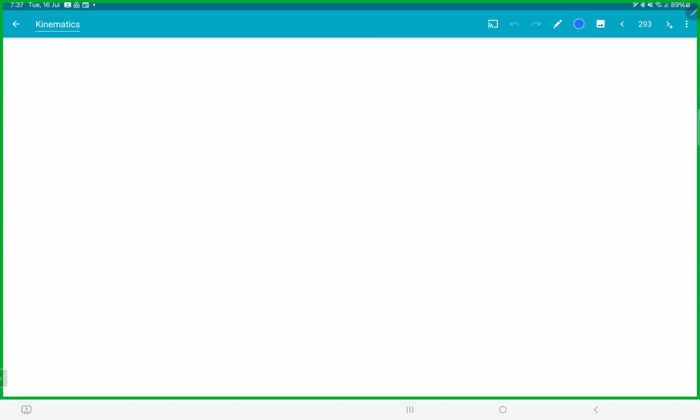How do we solve this state graph? So we know the equation is S is equal to ut minus half gt square. If you think about it, there is one more equation which looks like this: y is equal to x tan theta minus gx square by 2u square cos square theta.